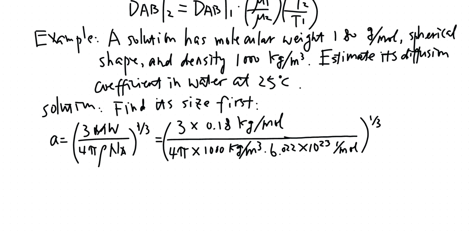That's what you need for the radius of a sphere. Then you just work out the numbers. You will get approximately 4.16 times 10 to the power of minus 10 meter.